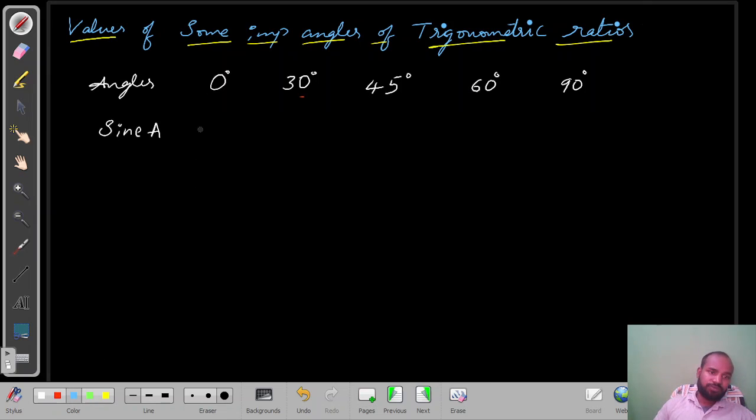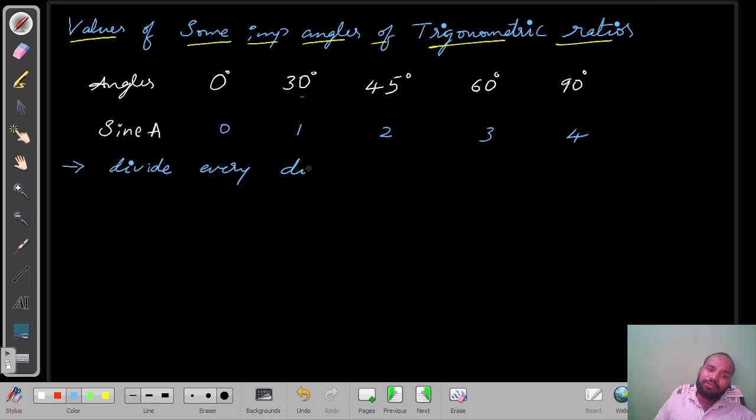For sin A, first you write simply 0, 1, 2, 3, 4. Next, your second step is divide by 4.